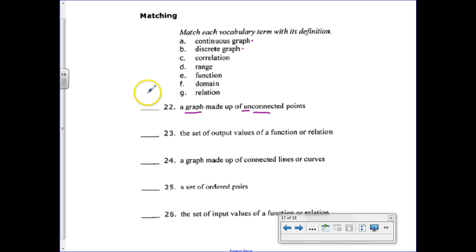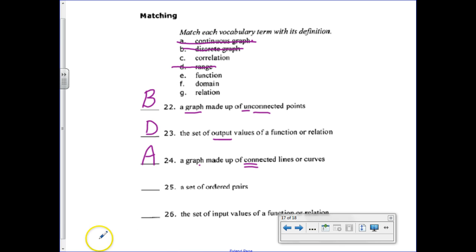If they are not connected, that is B, discrete, just the dots. 23, the set of output values of a function or a relation. The domain is the input, the output is the range, D. A graph, again, made up of connected lines or curves, that's going to be A, continuous, connected.